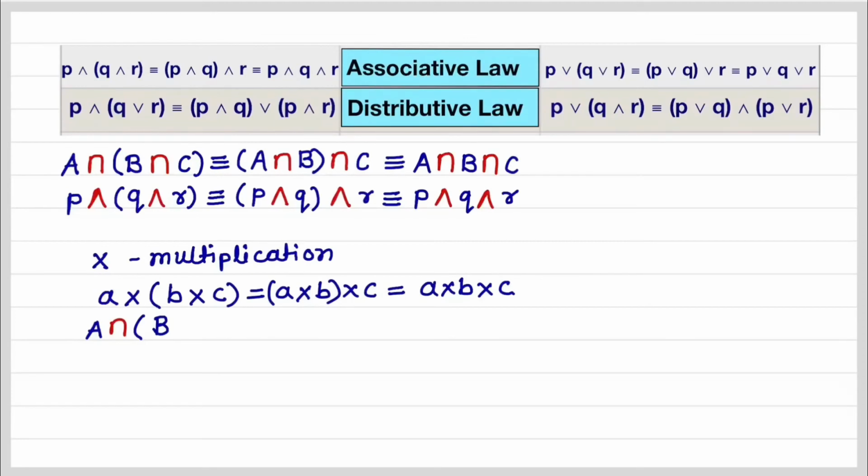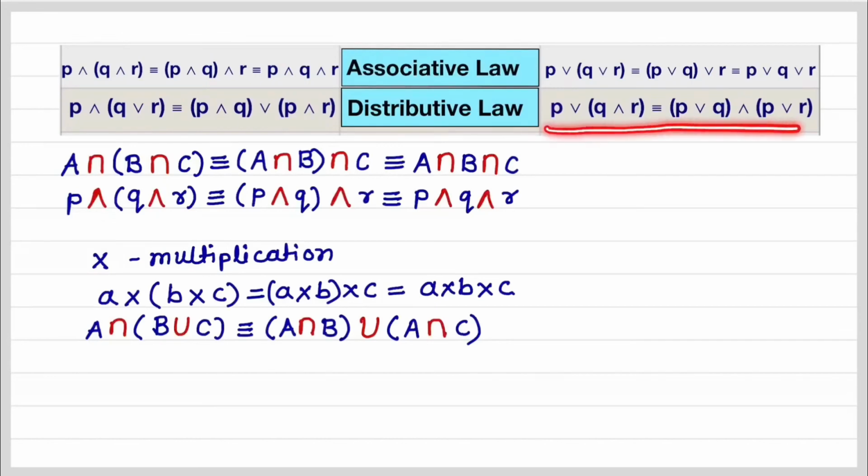The next one is the distributive law. The distributive law says that in set theory, A intersection (B union C) is equivalent to (A intersection B) union (A intersection C). Another form of the distributive law: P or (Q and R) is equivalent to (P or Q) and (P or R).